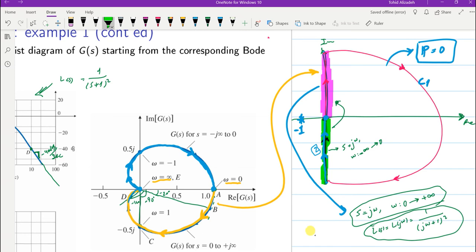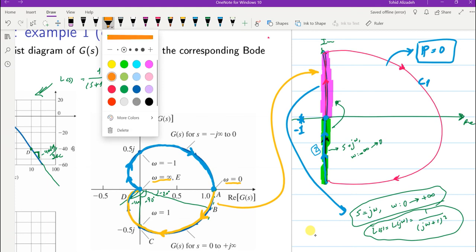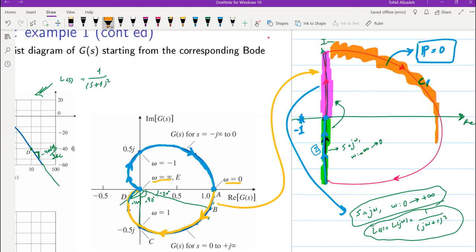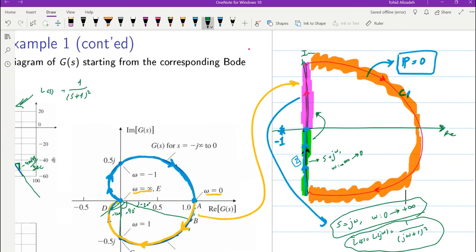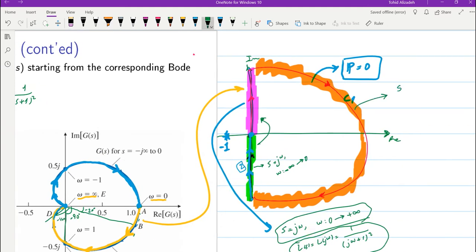Now the last segment that we need to consider is this part. So for that segment, we can say that we have S equal to R e to the power of j theta, where R goes towards infinity, because we want to include the whole right half plane, and theta goes from pi over 2 to minus pi over 2 in a clockwise way.